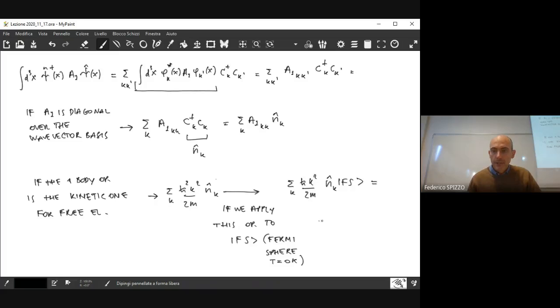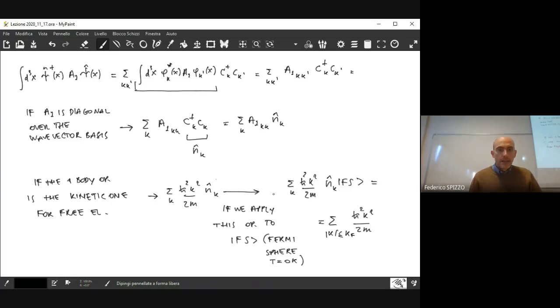So this reduces to a sum over k modulus smaller or equal to kF of h bar squared k squared divided by 2m. That is just the total kinetic energy of the system if we consider plane waves.